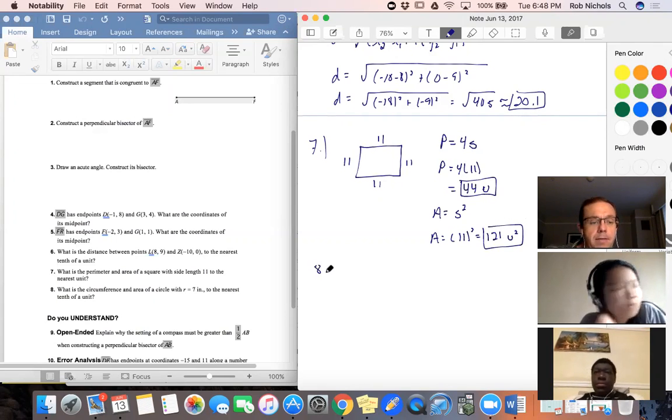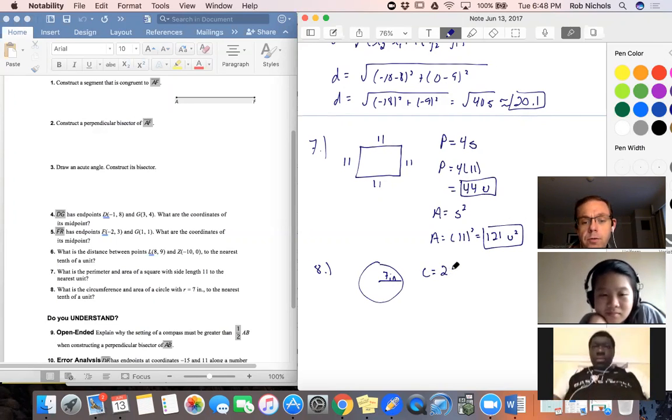Number 8 asks for the circumference and area of a circle with radius r equals 7 inches. Here's a circle and here's my radius. Now we have units. Circumference is 2 times pi times r, so 2 times pi times 7, which equals 14 pi.